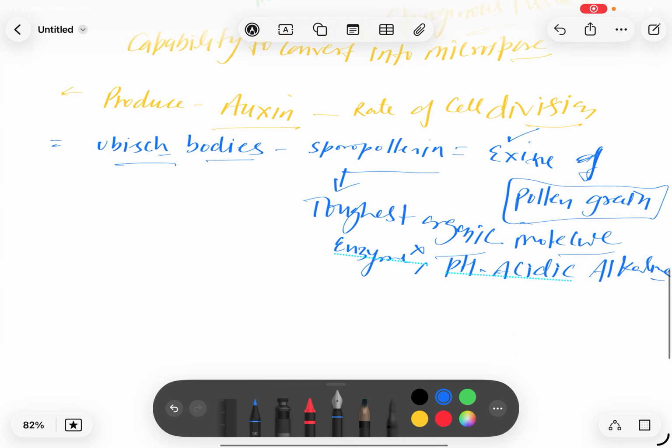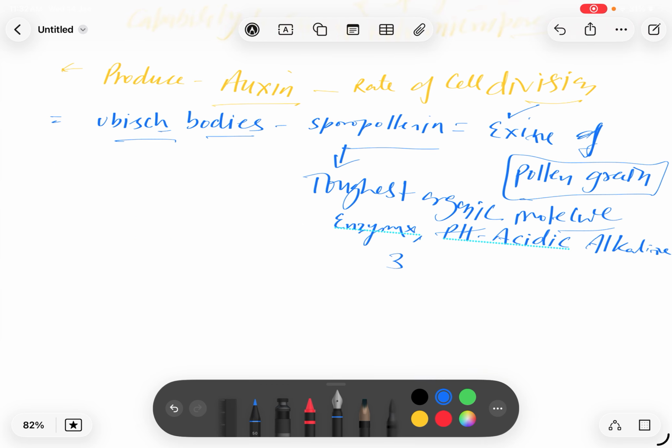It can tolerate temperatures above 300 degrees Celsius and can sustain freezing temperatures too. So these are produced by tapetum.